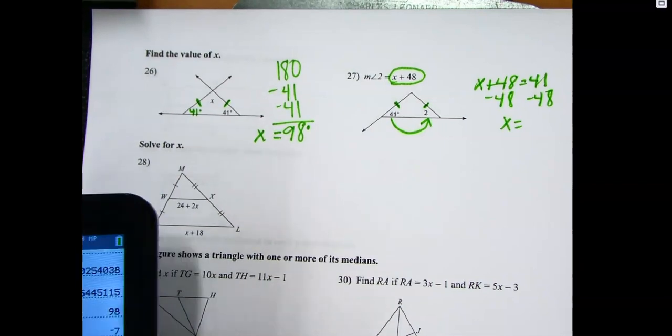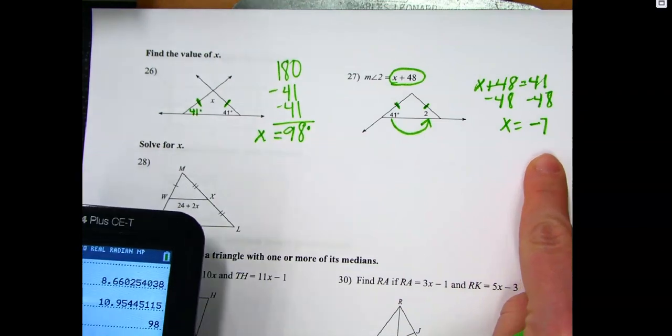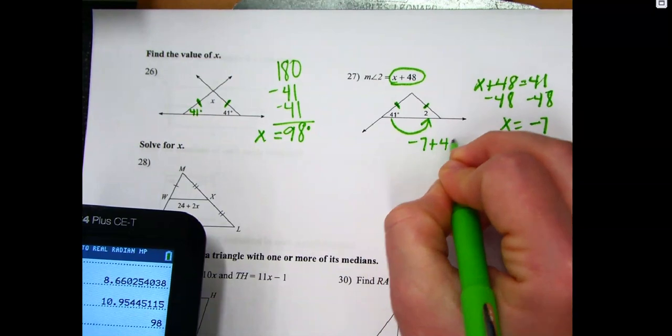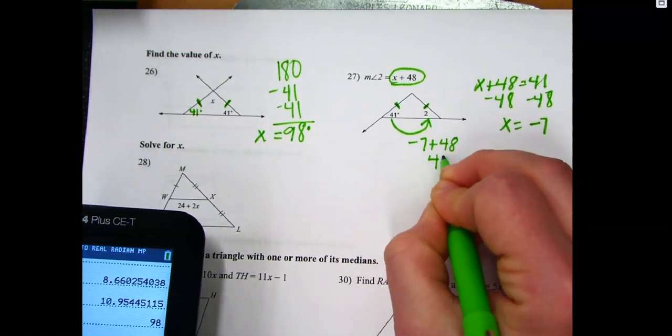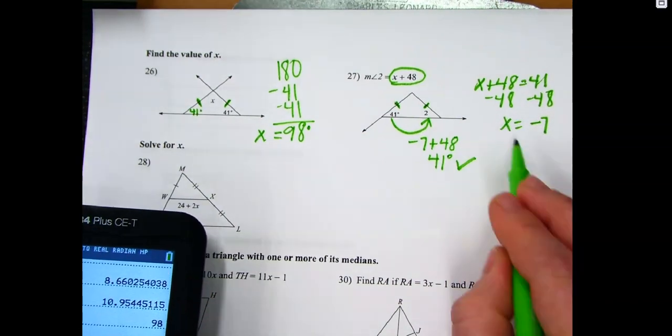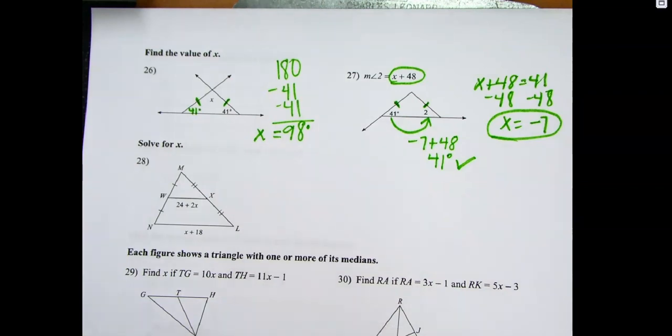But the x is fine to be negative. Negative 7. When you plug that back in, negative 7 plus 48 gives you 41 degrees, which is what we wanted it to be. So your answer is x equals negative 7. That is correct.